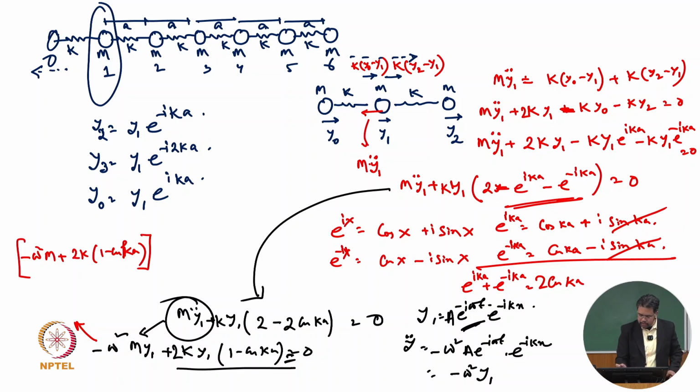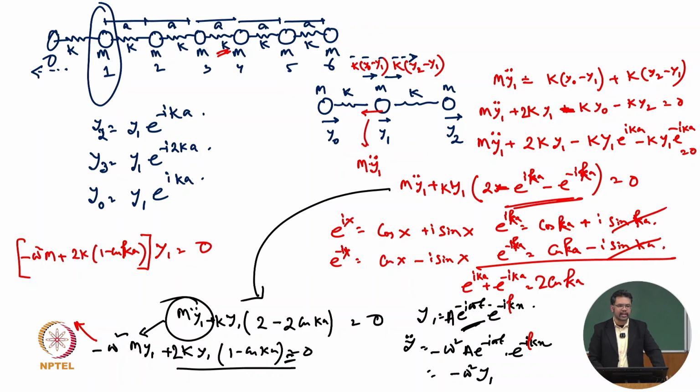These two things we need to understand. This is kappa, the wave number, and this is k, the spring stiffness, into y1, that is equal to 0.